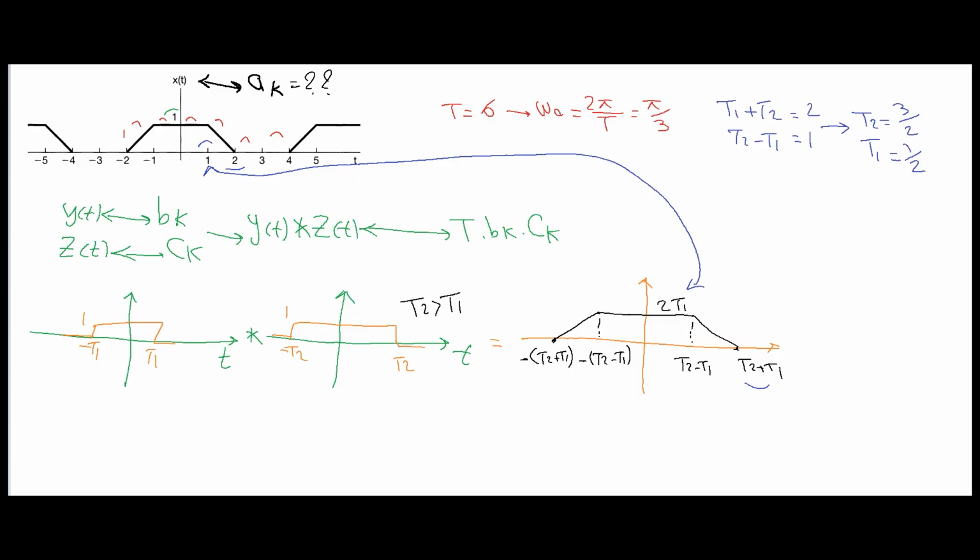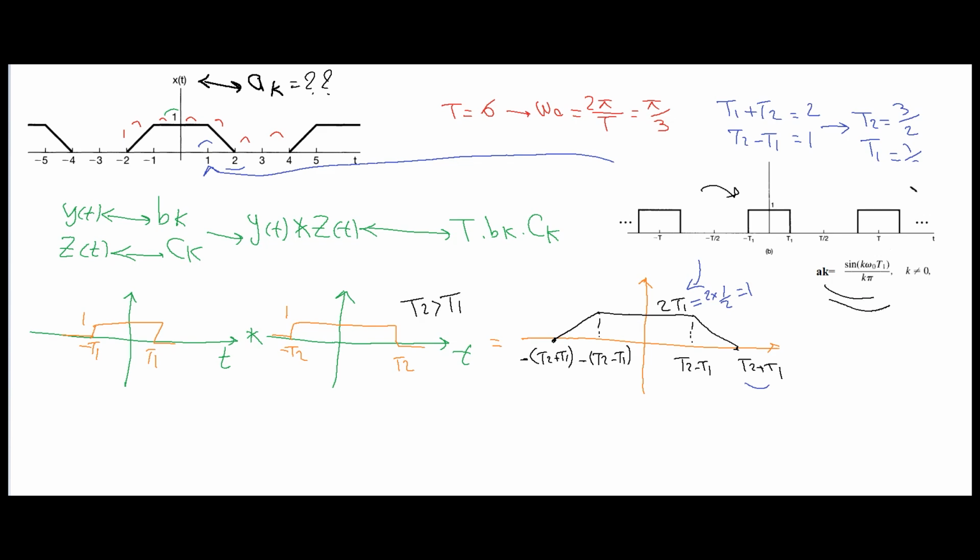Now we use a known result. For a rectangular pulse, Fourier coefficients equal as follows. If you want to learn how to find the Fourier series coefficients of a rectangular pulse, we have covered it in another video.